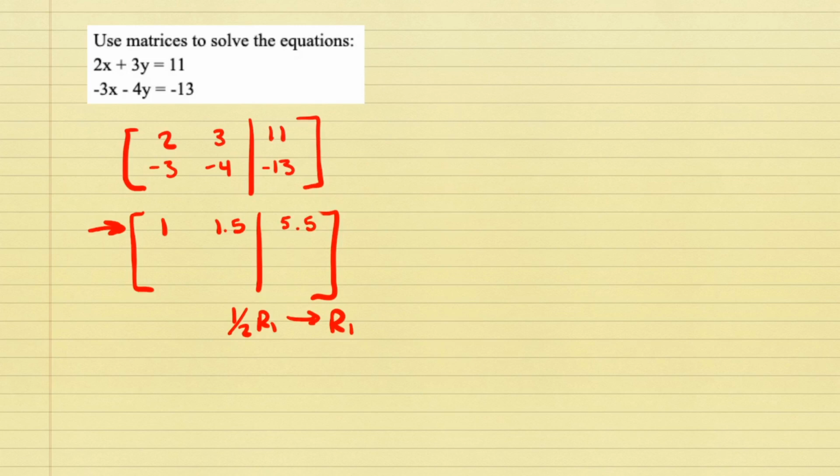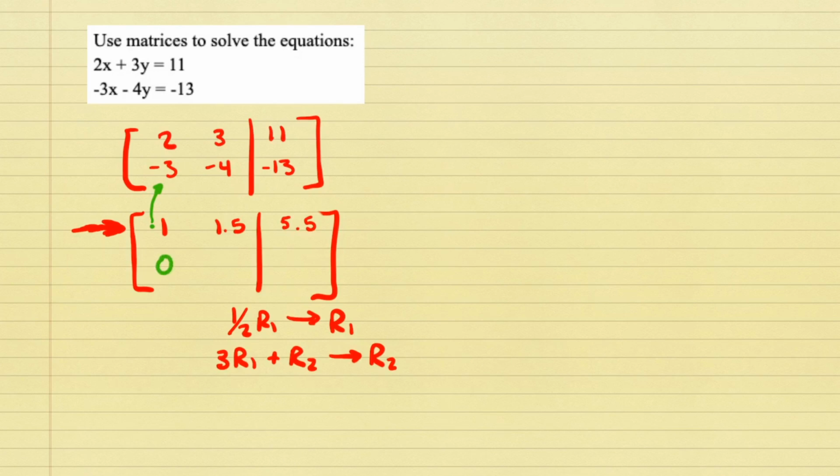I'm going to do what they call a linear combination. I'm going to take the new row 1 times 3, add it to row 2, and replace row 2. So watch how this works. If I take this row, times 3, and add it to row 2, it'll make a 0 right here.